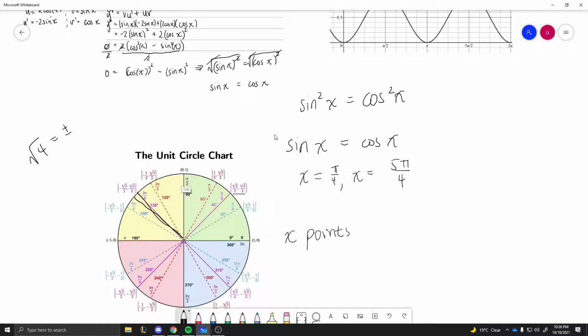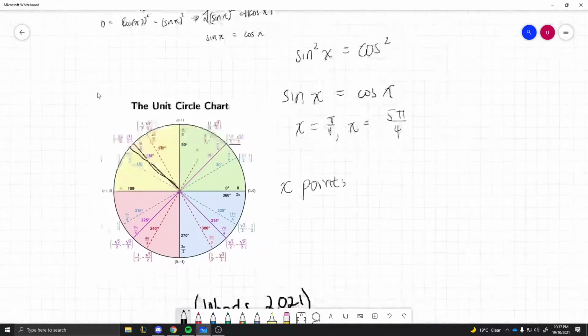Knowing that, if you take these x points and square them, no matter if they're positive or negative, one of these is negative and one is positive, they're both going to end up being positive. That is why it's not just x equals pi over 4 and x equals 5 pi over 4, but also these other points.